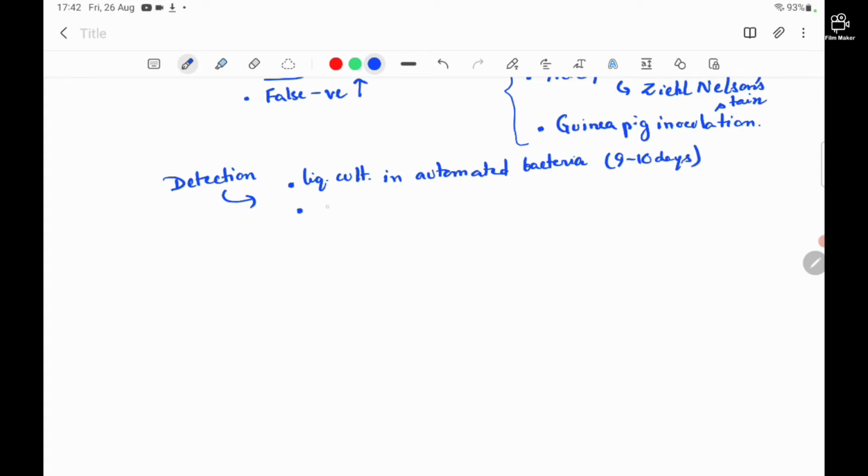Fast process always is the RT-PCR. You go for an RT-PCR. That is 85 to 90% sensitive. And you can also go for an automated CBNAAT. You can get this result in 2 hours.